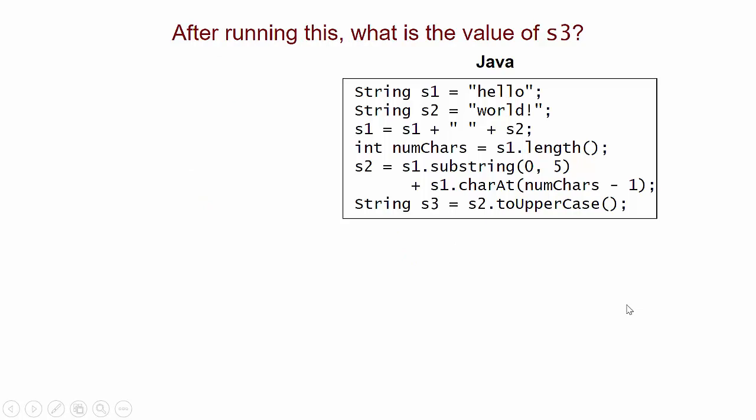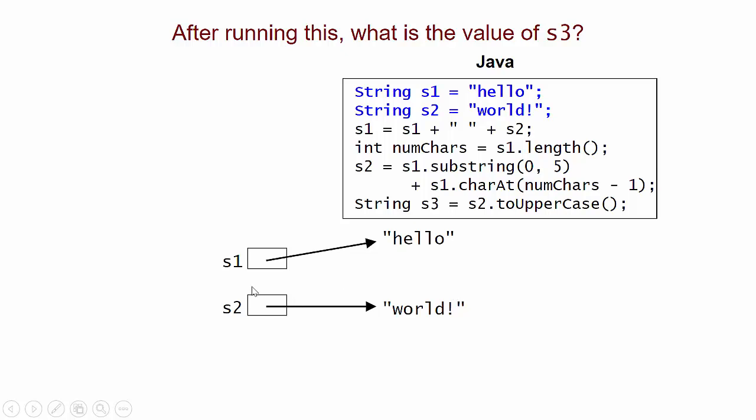All right, if we were to actually run through this, let's see what happens. So we start out with two different variables, S1 and S2. And again, they're holding references to the corresponding strings. We're then forming a new string here as part of this assignment statement. And that new string is the string hello world with a space in between.